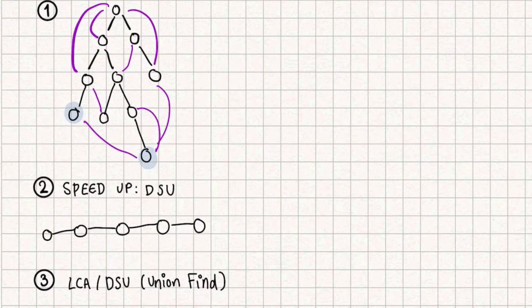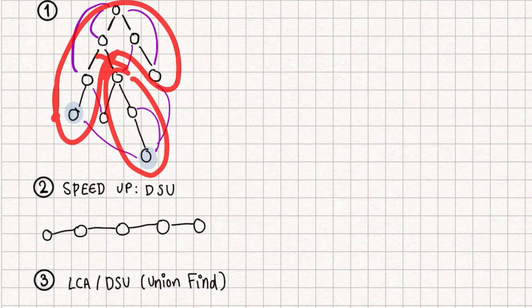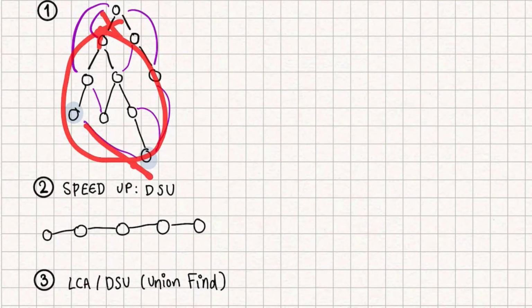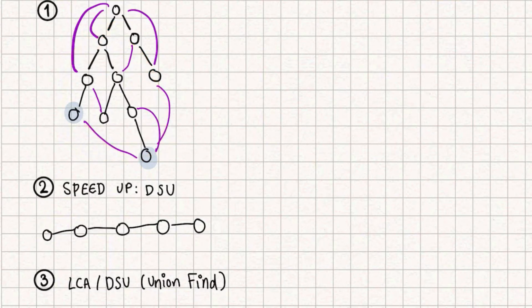And if this is cut, then this and everything else will be a different subtree, so it'll be useful. But in the case where this is cut, where they're in the same subtree, then this edge is not useful.